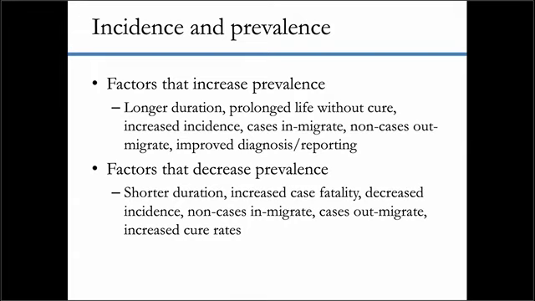We could have healthy people in-migrating into the population, or sick people out-migrating from the population because maybe they're going somewhere where there's better treatment. Or increased cure rate. So if more people are getting better treatment for that disease, then there's going to be a decreased prevalence of that disease.